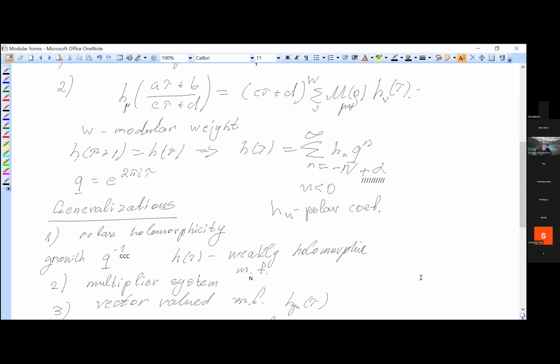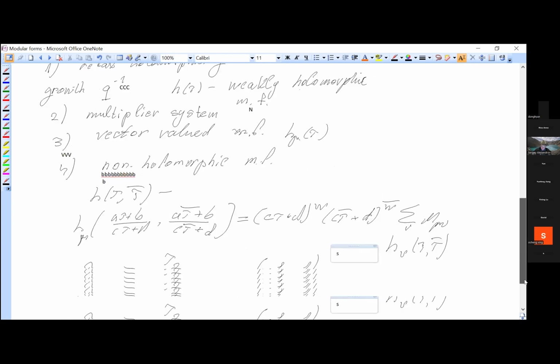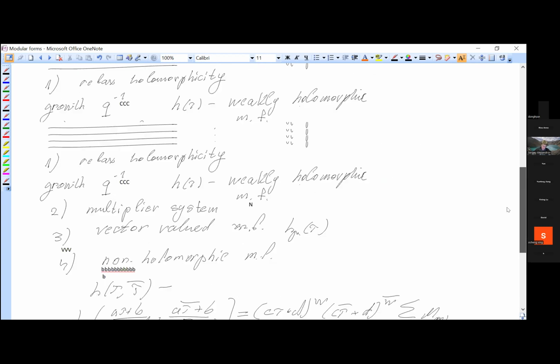In fact, what is known and will play a very important role is that once we have even vector valued weakly holomorphic modular forms with the fixed multiplier system, their space is finite dimensional, which means they form a linear space, and this space has a finite dimension, restricted from above by the number of polar terms.